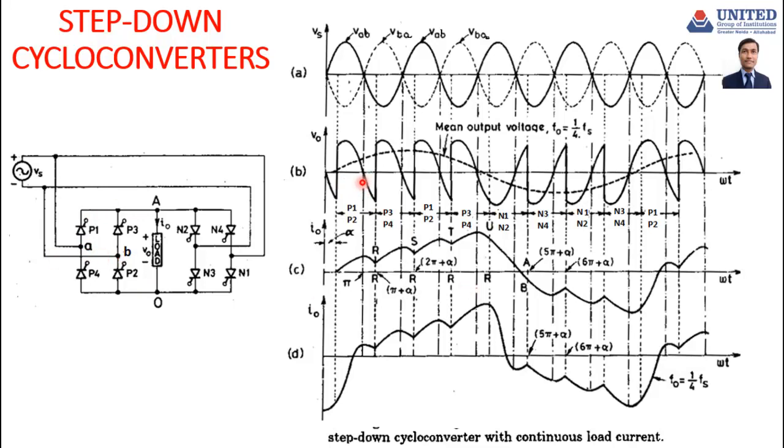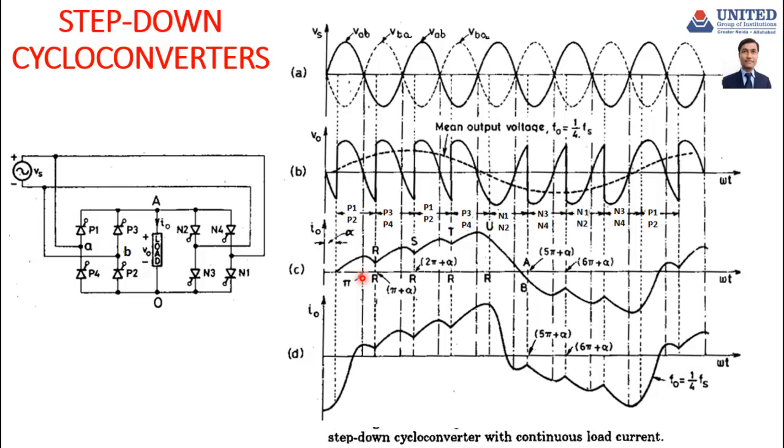At omega t equal to pi, the supply voltage becomes 0, and after omega t equal to pi, the thyristors P1 and P2 are not reverse biased. It is due to the presence of inductance in the load. The load current is not 0 at omega t equal to pi.